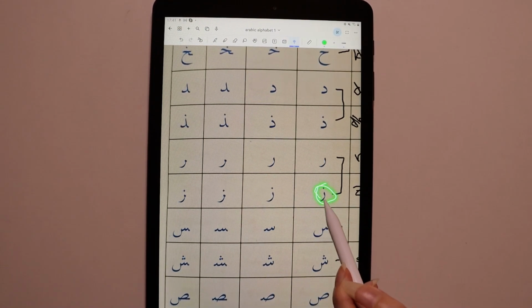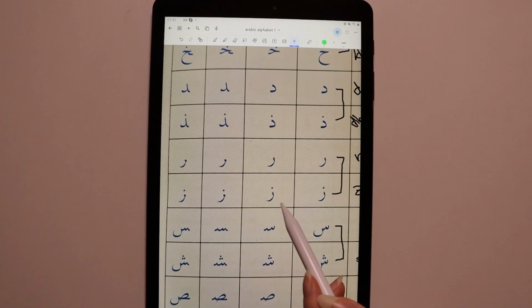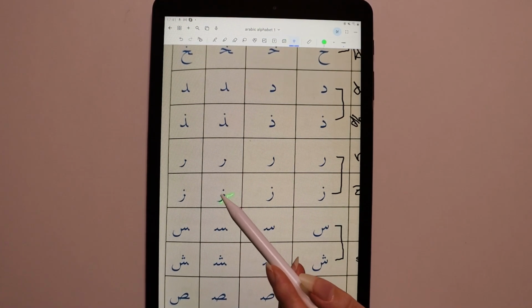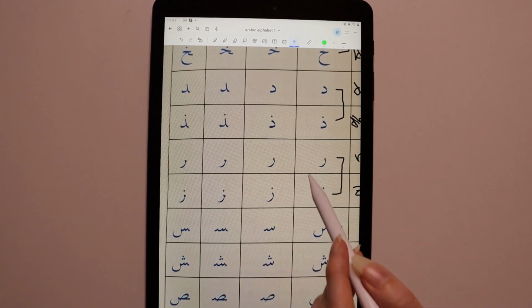So there's only an isolated letter and a beginning letter, they are the same, and then a middle or end letter. They also look really similar to one another, but these two versions are connected to the previous letter.